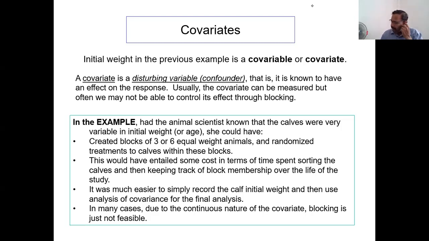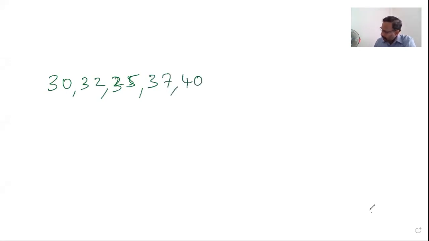What is that way? For example, we have 30 calves. We can put the calves in ascending order, right? Let's say we start with some kilograms, 30 kilograms, 32, 35. This is the lowest value. Likewise, 37, 40. Oh, these are very high values.